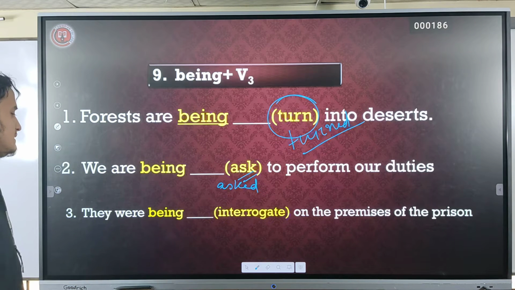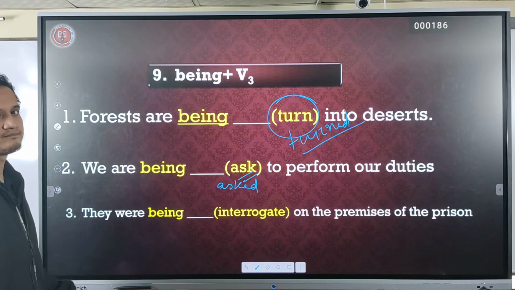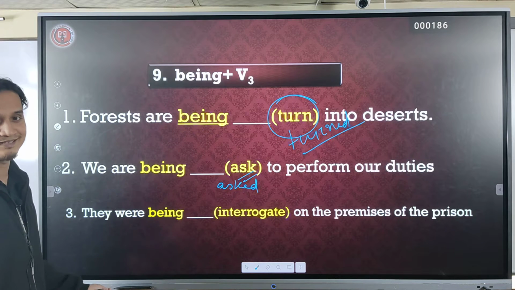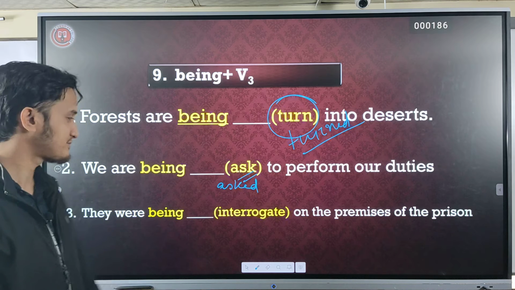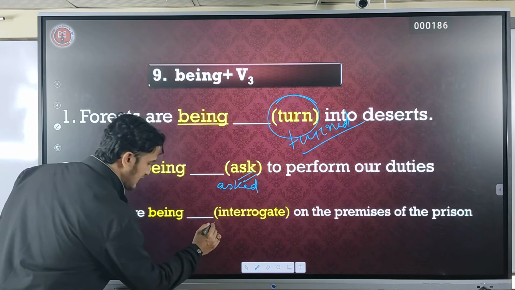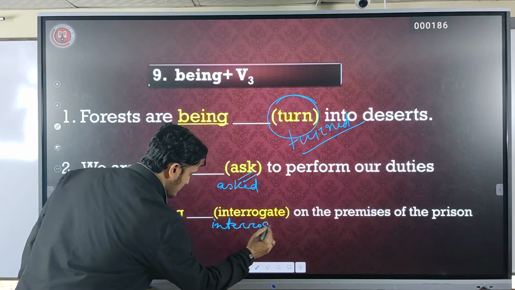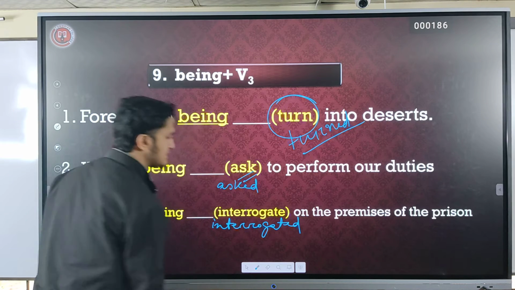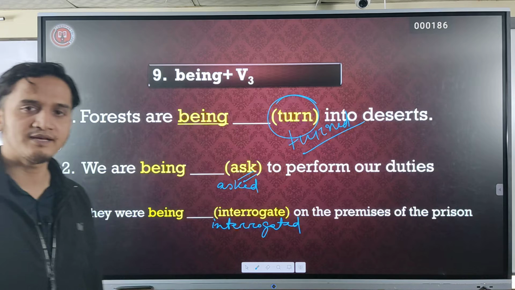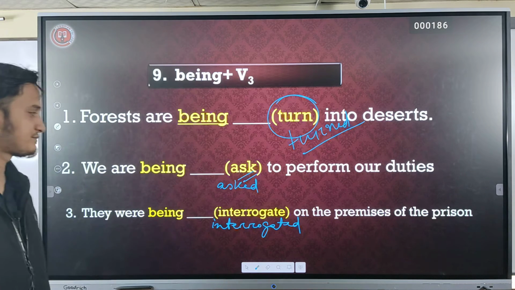And then again, they are being. I know you can easily correct it now. They are being. What do you write? Interrogated on the premises of the prison.